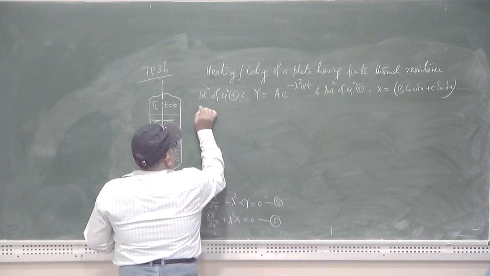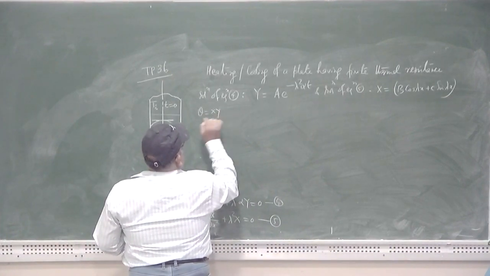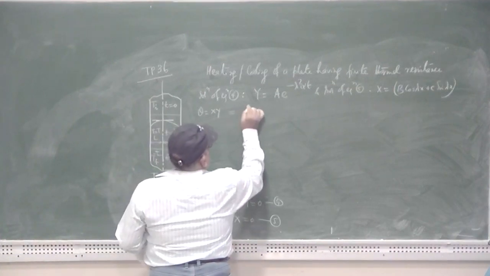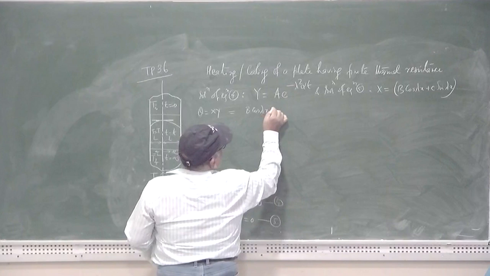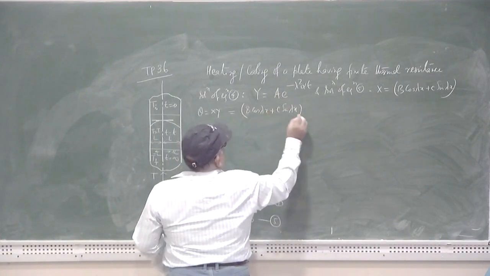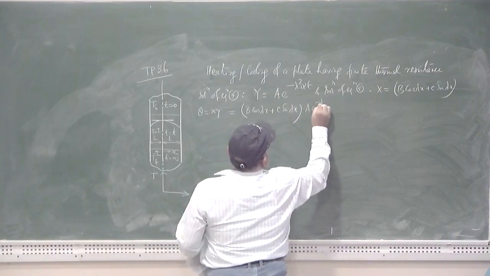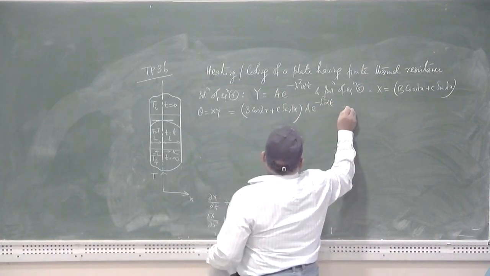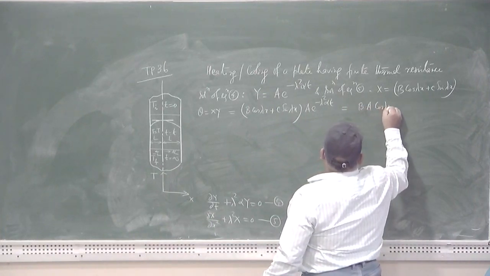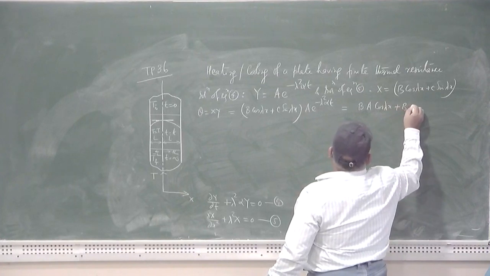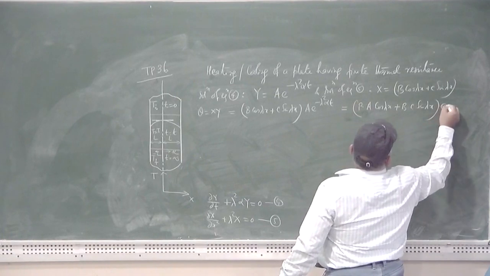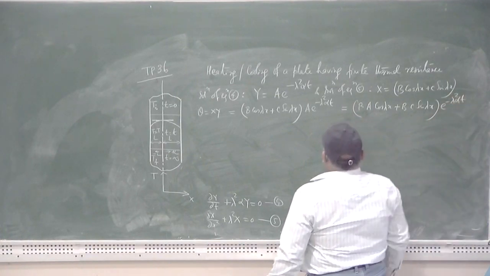So, theta is equal to x into y, that is b cos lambda x plus c sin lambda x into a e to the power minus lambda square alpha t. That can be written as b into a cos lambda x plus b into c sin lambda x into e to the power minus lambda square alpha t.